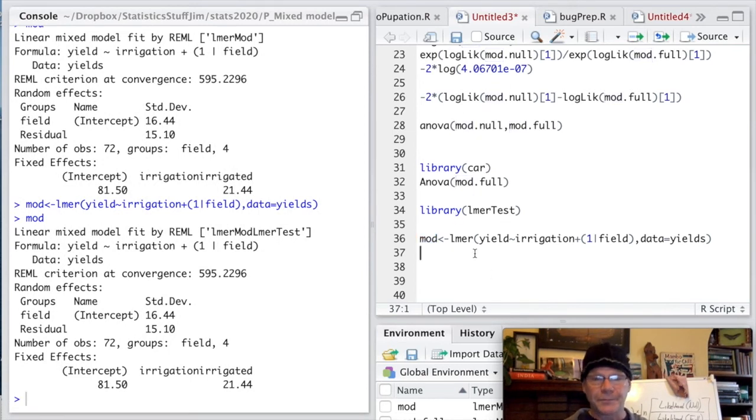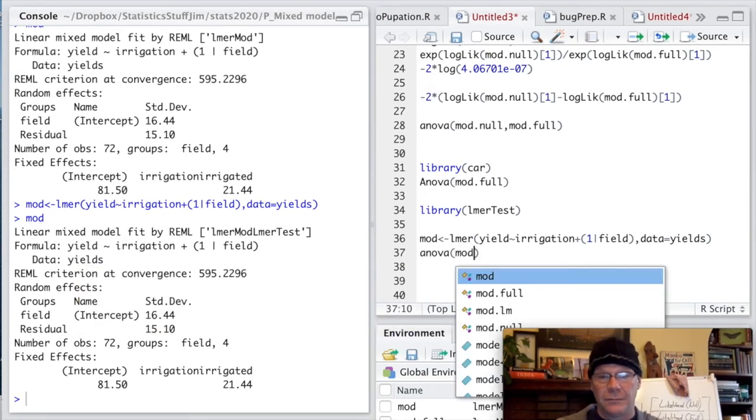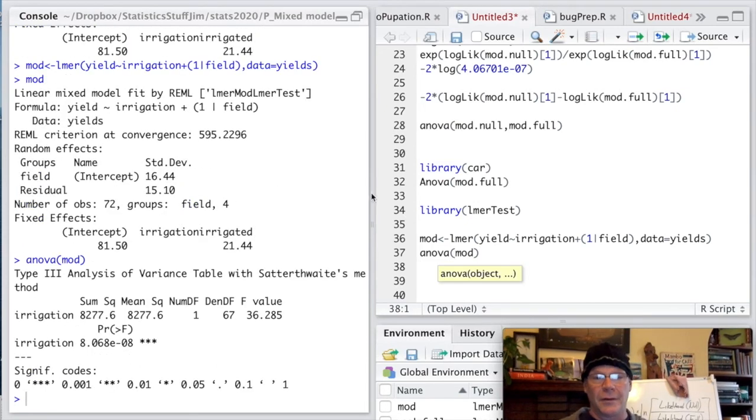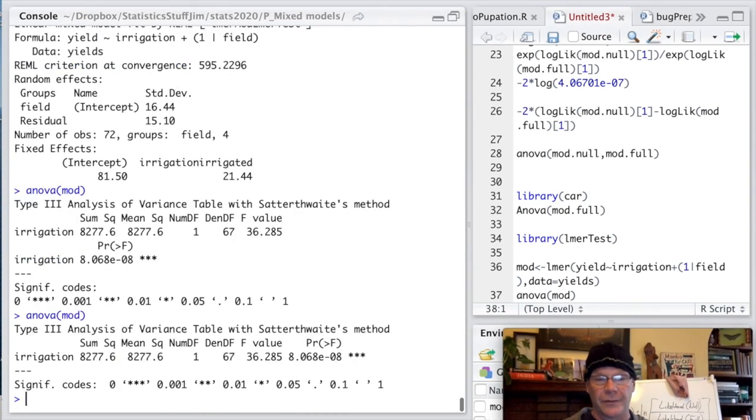And so once I've created that, I can now do an ANOVA on the model. And notice now this looks more like our familiar ANOVA table. What we have is the hypothesis testing on the effect of irrigation.